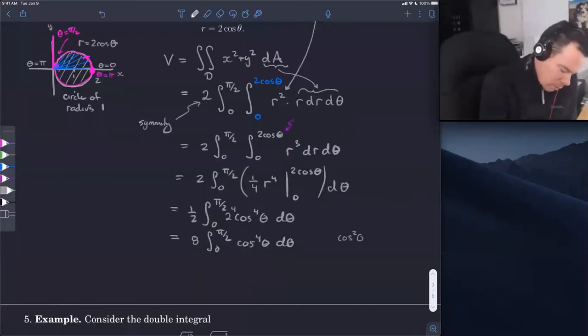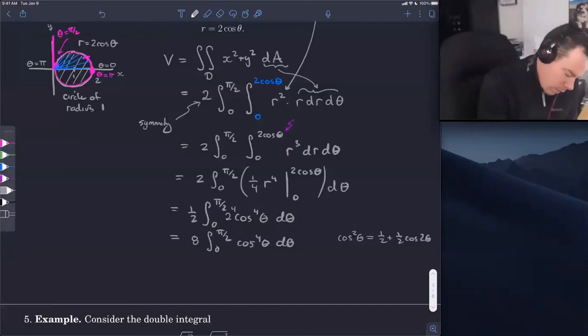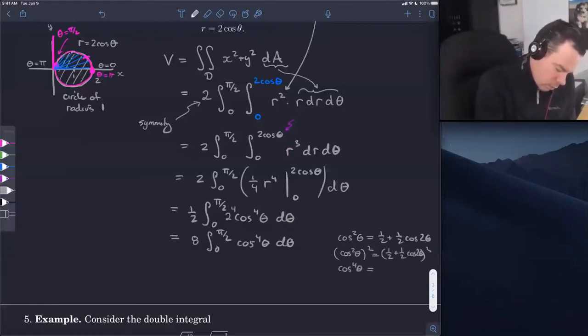Well, the first thing we would do is we'd say, well, cos squared is 1/2 plus a half cos 2 theta. So that's a double angle identity we could use. And then I could square both sides of that. If I square both sides, then what I get is a formula for cos 4 theta, which is a quarter plus a half cos 2 theta plus a quarter cos squared 2 theta.